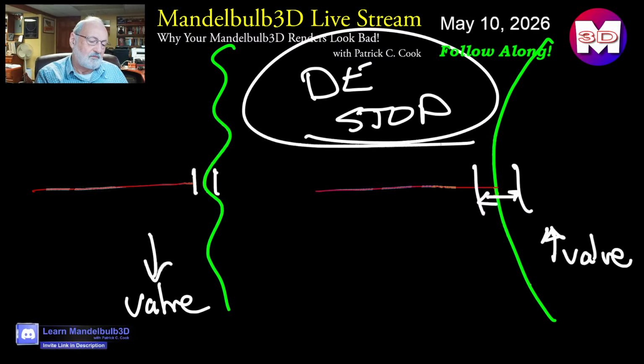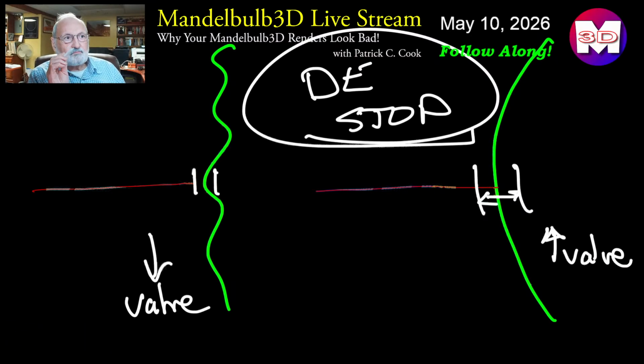Understanding what the DE stop is and does is key for you to be able to get a good render given the complexity of the Mandelbulb objects in your scene.